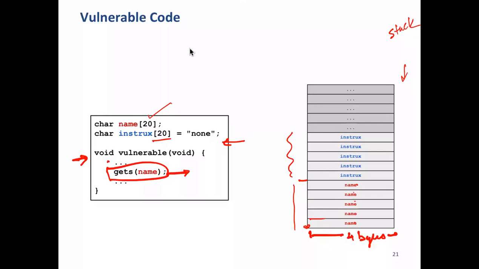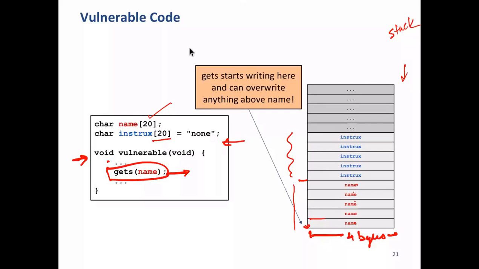Okay, so it's a gets name. Now writing starts from here and goes upwards, and if the name you are entering through the keyboard is very long, then it can overwrite here.